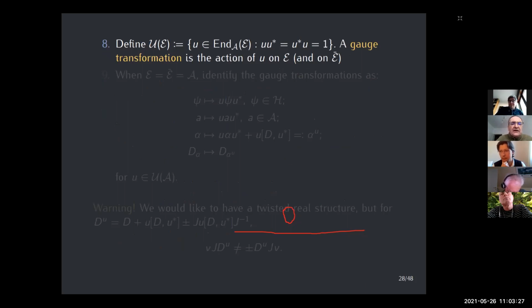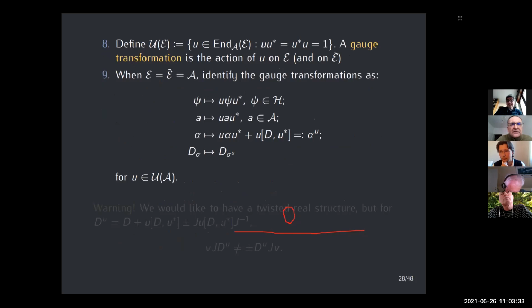And so now how does it act on a connection, this gauge transformation? Once you have represented everything as operators, the connection one-form transforms like so. This is effectively the gauge transformation rule for a one-form. And of course, here we're assuming our one-forms are self-adjoint.